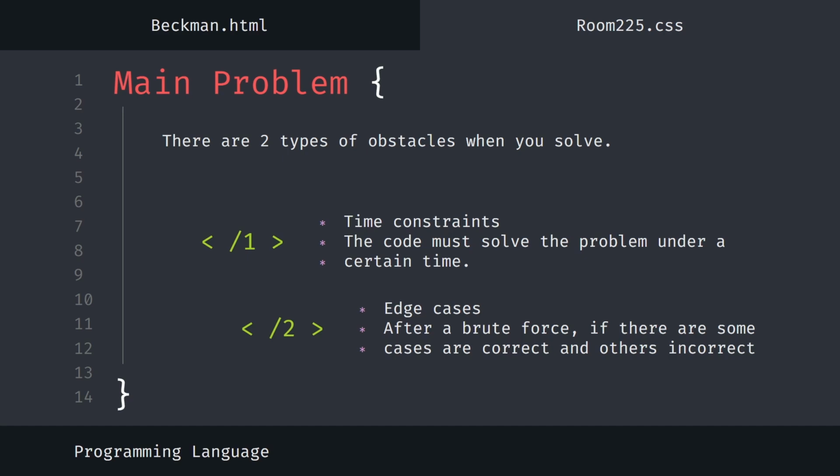All right, so the two most difficult types of problems in USACO are time constraints and edge cases. I personally think time constraints are the hardest because that usually means your algorithm is wrong and you pretty much have to resolve the whole problem.